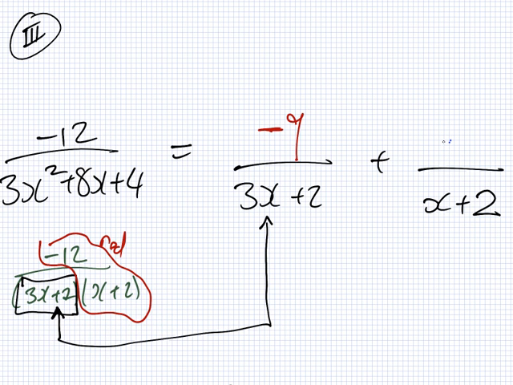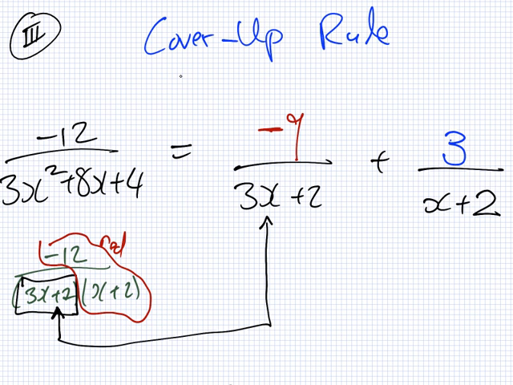And you do the same thing here, and you get 3. Now this method is called the cover-up rule. That's what we do, minus 9. Because you cover this up and put the value in here.